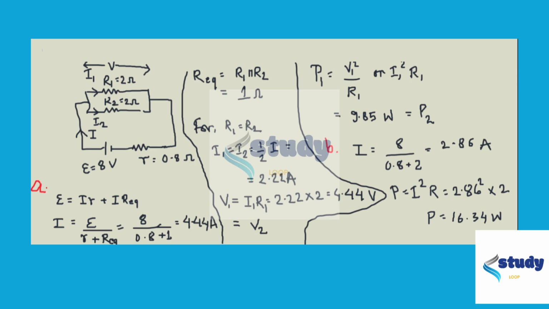Previously the power dissipated by the bulb was 9.85, and now it is 16.34.